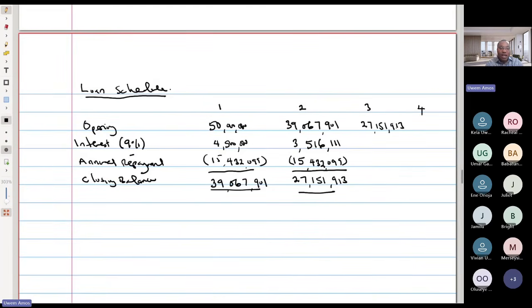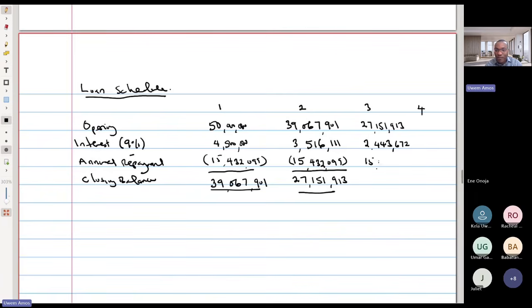Our closing balance becomes our opening balance here, 27,151,913. Our interest rate remains 9%, so multiplied by 0.09, that's 2,443,672. Our annual repayment is 15,432,099.